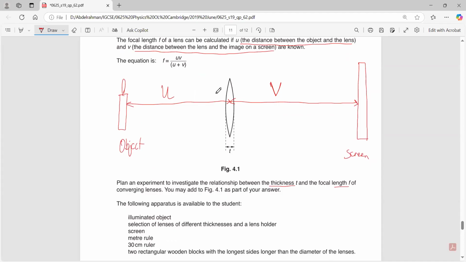The thickness, when you think about it, this is a very small lens, so you won't be able to use the ruler directly. What should you do? You should put the lens between two wooden blocks and measure the distance.